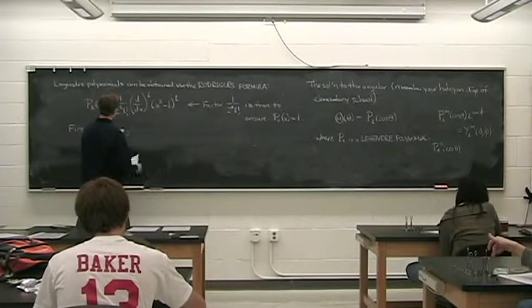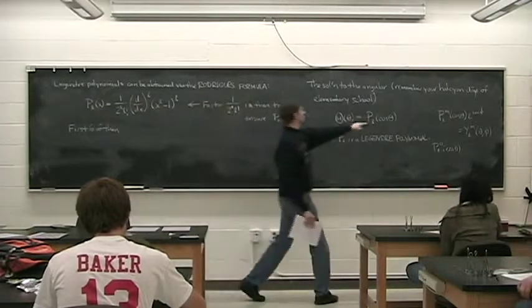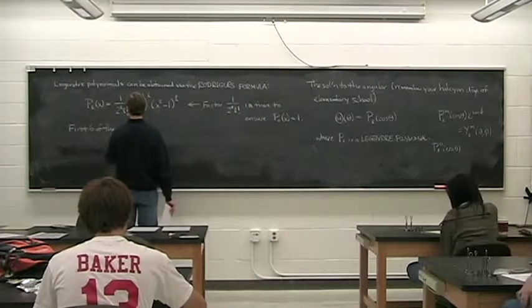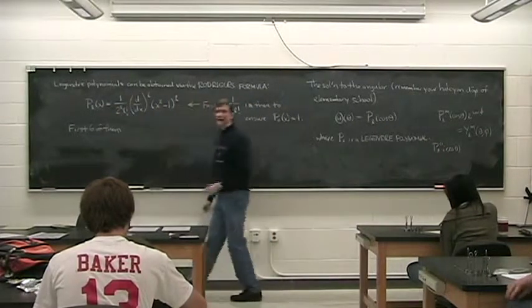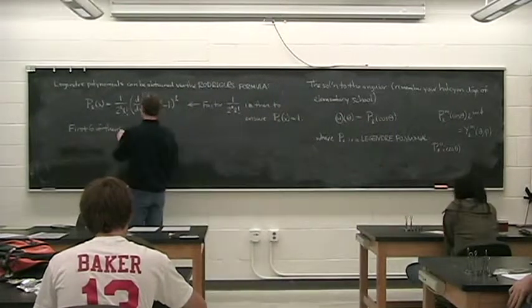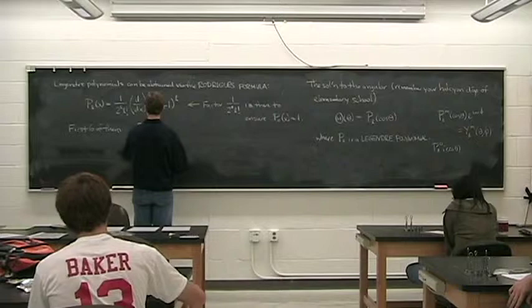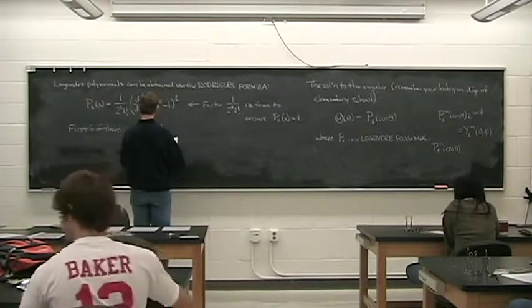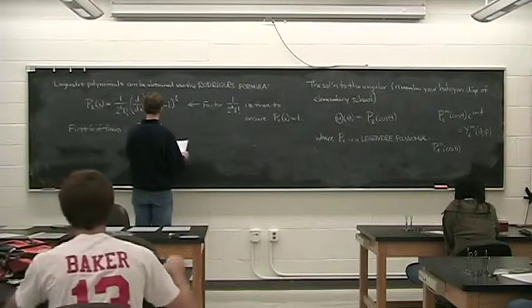So notice that we're doing PL of cosine theta, so you have to put in cosine theta for x here, but you generate them using just generically x, and then you plug in cosine theta. So the first 6 of them: P0 of x is 1. P1 of x is x.